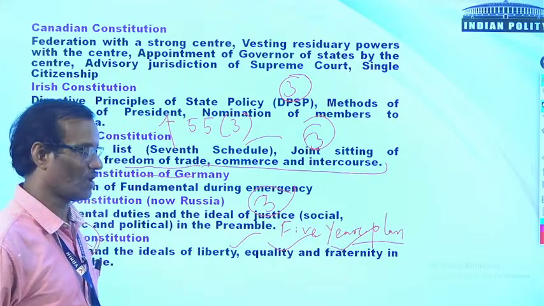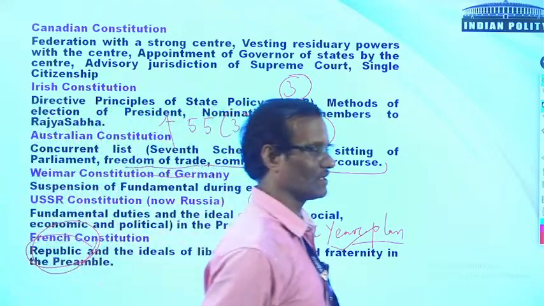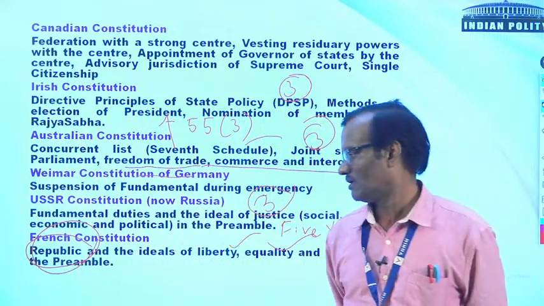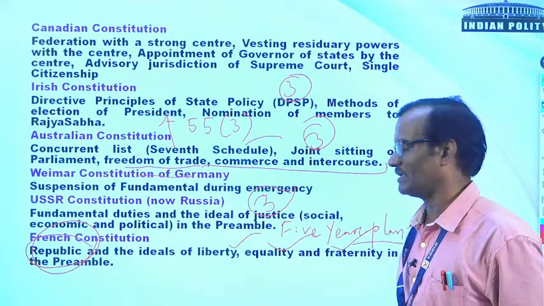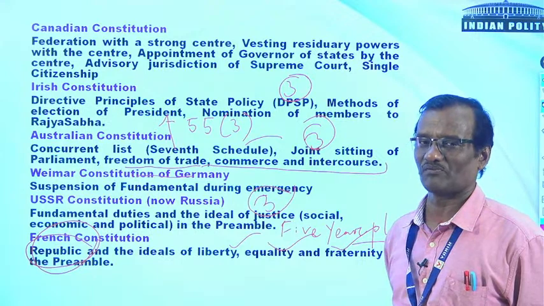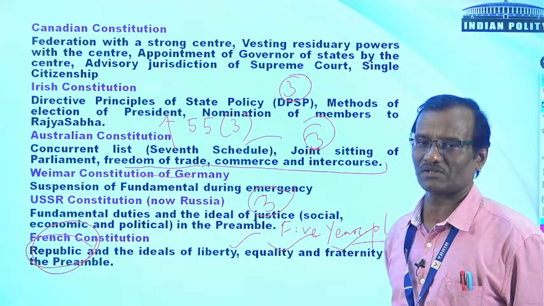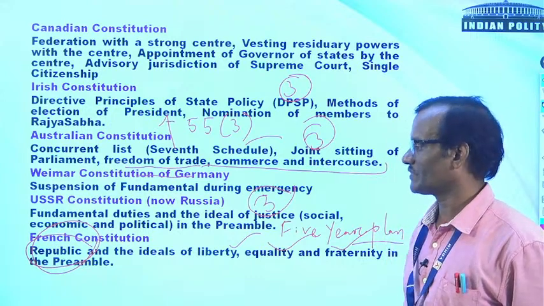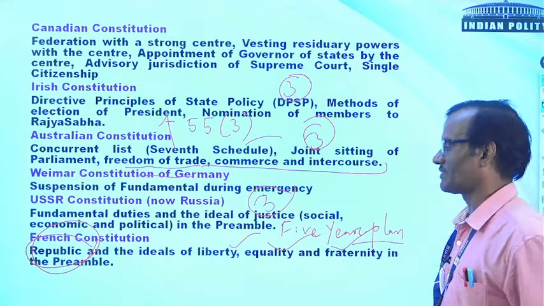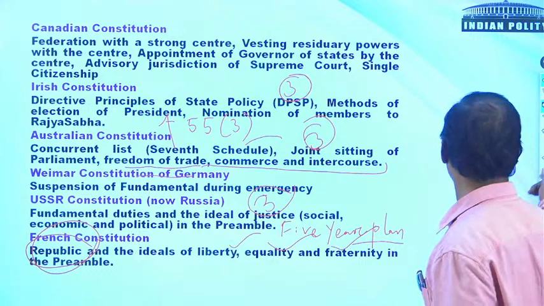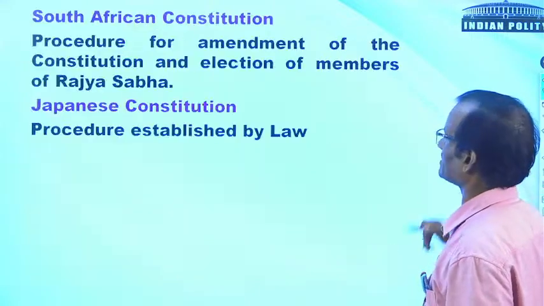Equality, liberty and fraternity are two interrelated, inseparable provisions of the Constitution. One is non-existent without the other. Okay, we shall discuss more when we come to the chapter on Fundamental Rights. These are the provisions that have been borrowed.